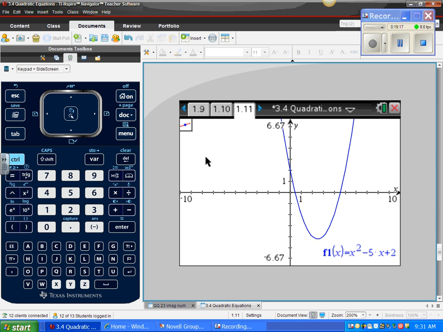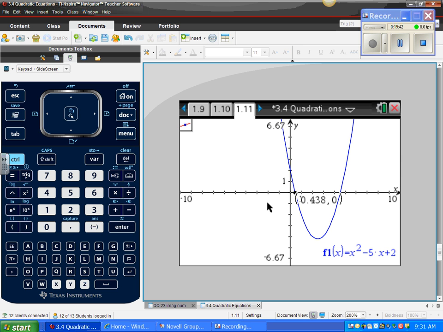You're going to click on the graph and hit enter, and then grab that point.